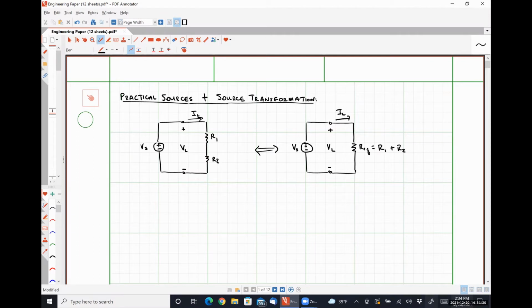Okay. We could develop a similar thing for resistors in parallel, voltage sources in series, current sources in parallel, etc.